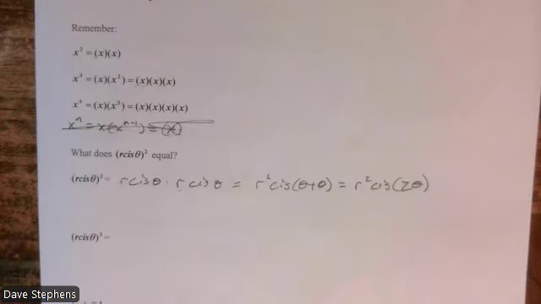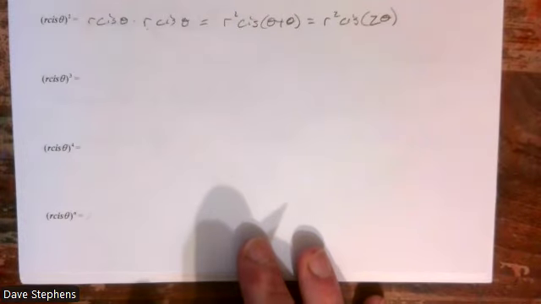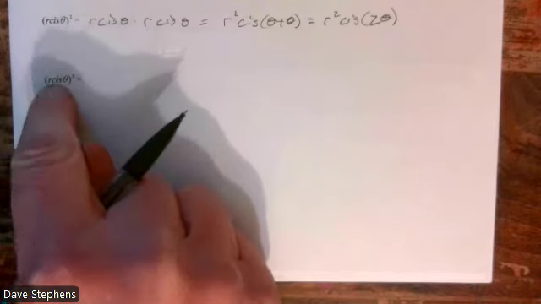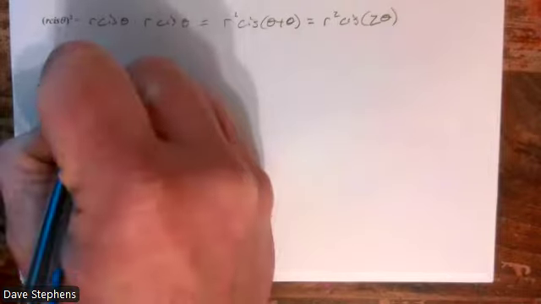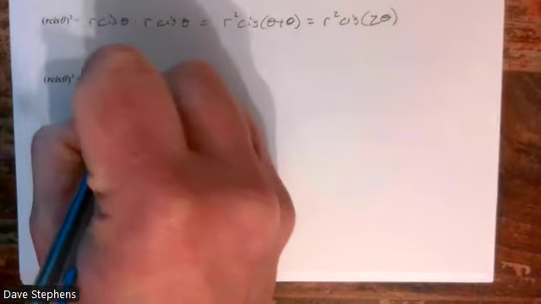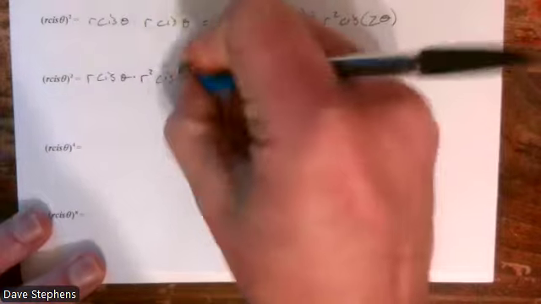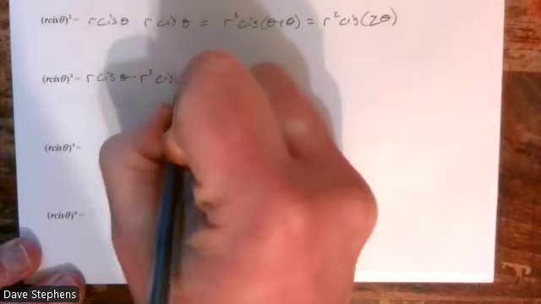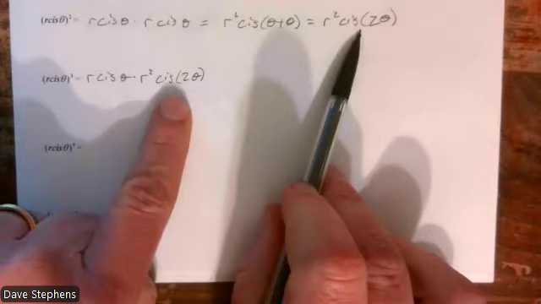Now it wants to do that a whole bunch of times, and I have no problem with that. Instead of doing it 3 times, I'm going to say r cis theta times r squared cis 2 theta, and we know what that one is.